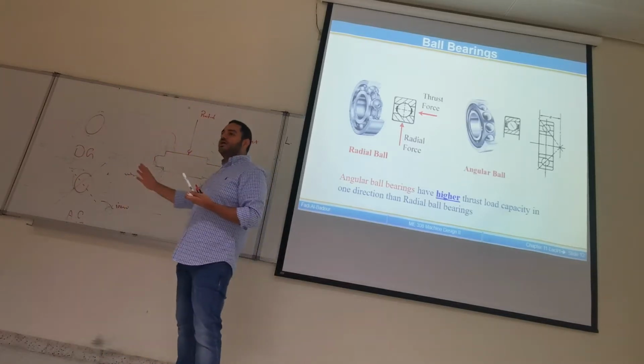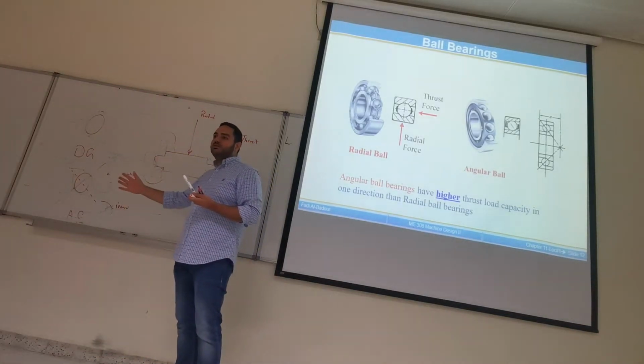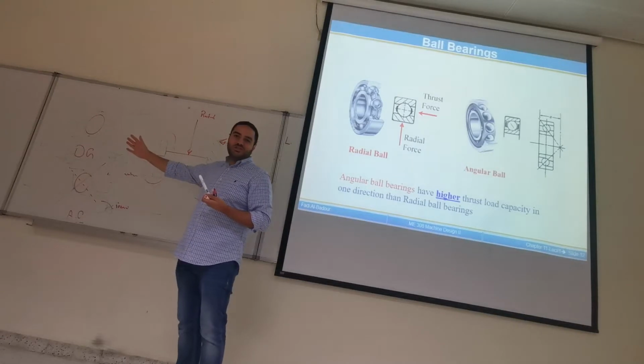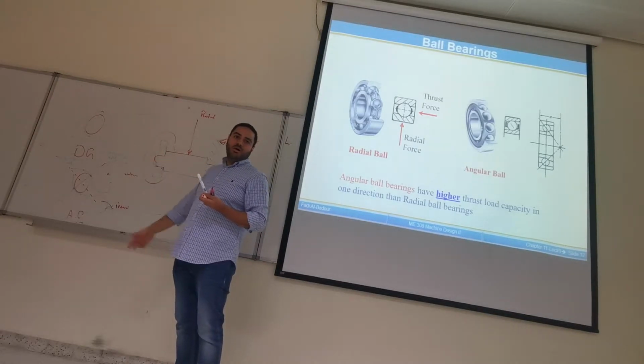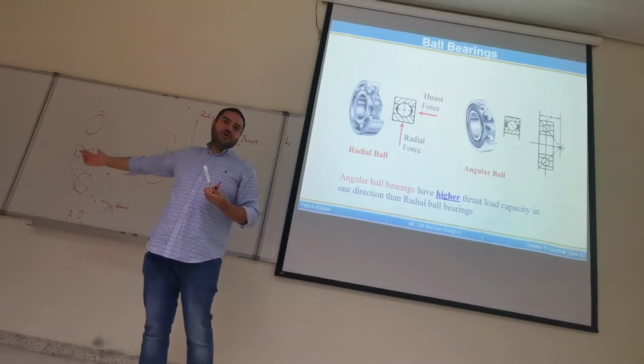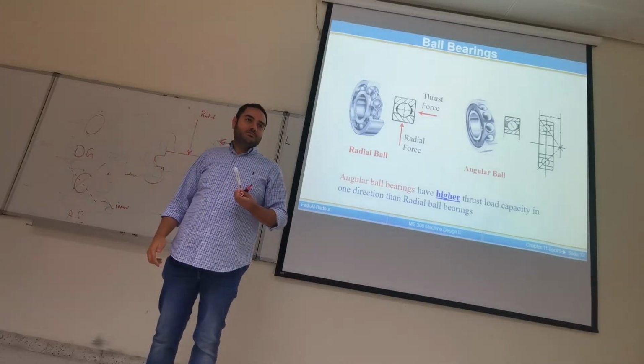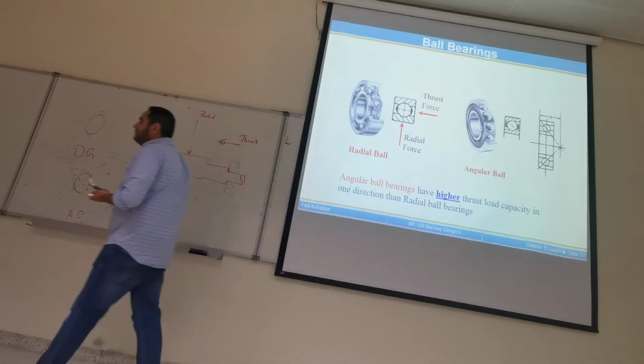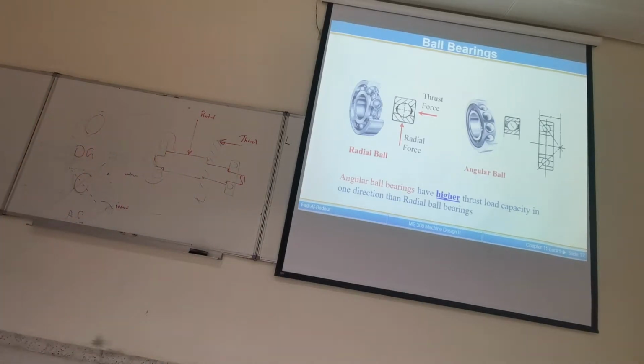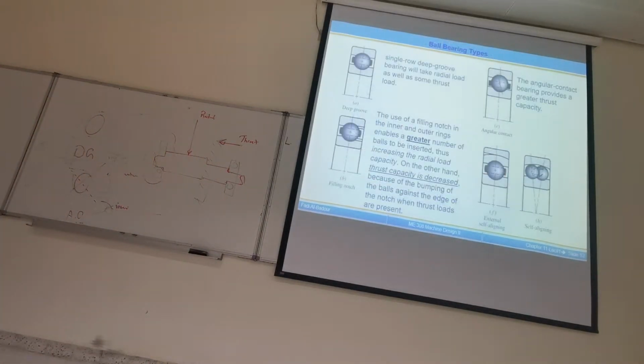If I'm using an angular contact ball bearing on one side, during the first operation it is carrying the load, but when I reverse the motion, the load goes to the other side. So you need to be careful when you use angular contact bearings. This summarizes what I just said, talking about deep groove ball bearings and angular contact.